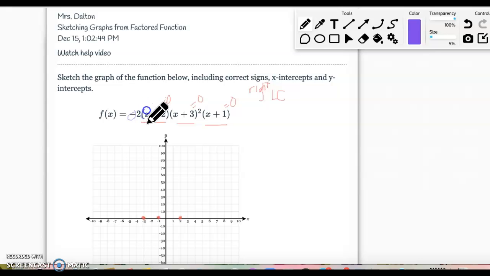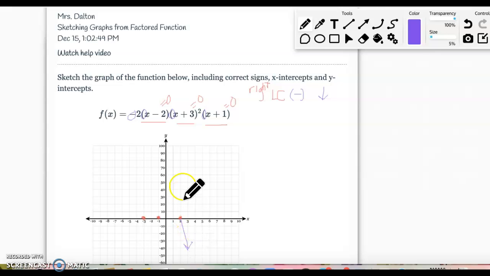Here you're going to have a positive, and a positive, and a positive. So we have positives and one negative, and so that's going to multiply together to give us a negative. So the leading coefficient is negative. That means on the right side it's going to go down. So when I look on this graph, the right side is going to go down. So you're just going to sketch down.